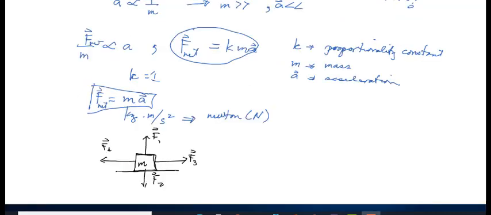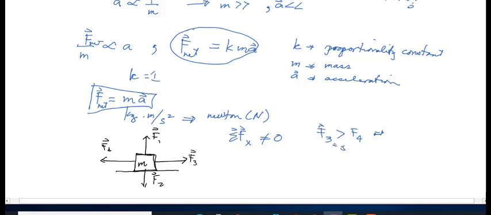For example, we have this illustration of a given mass m resting on top of a horizontal surface and acted on by these four forces as illustrated. The summation of force along x is not equal to 0. Say F3 is greater than F4, with F3 equal to 5 newtons and F4 equal to 2 newtons.